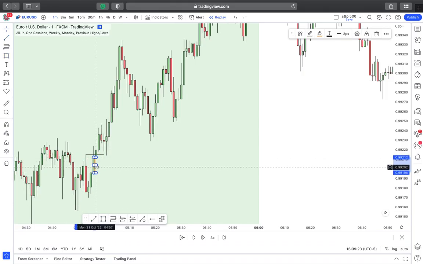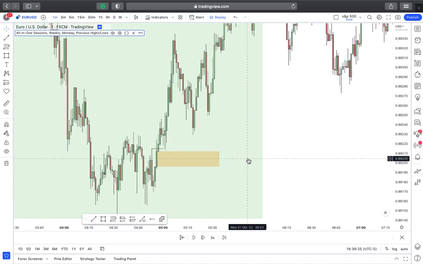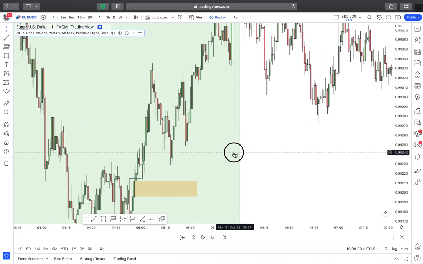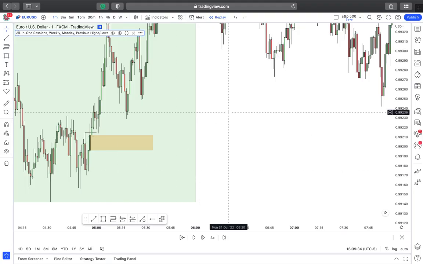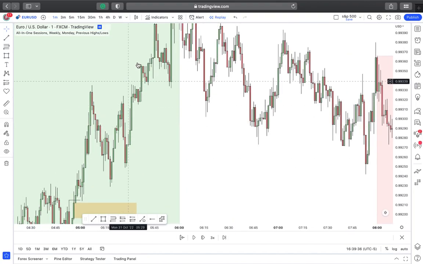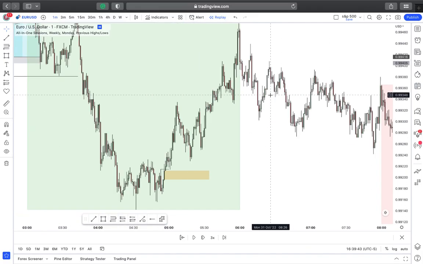This was the fair value gap, so no buying entries in this move, right? As I told you, you need to buy either on the bottom or on the top. Don't buy in the middle of the move. That's where the majority of your stops will be hit.